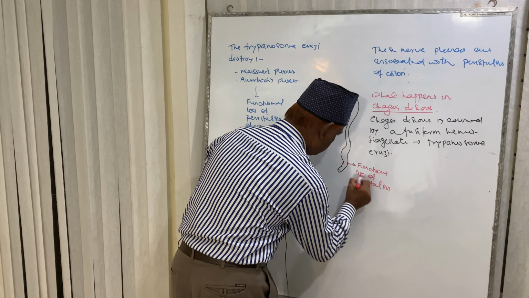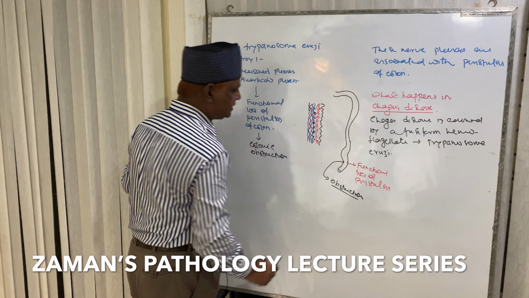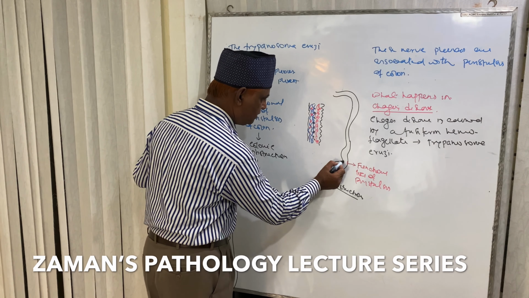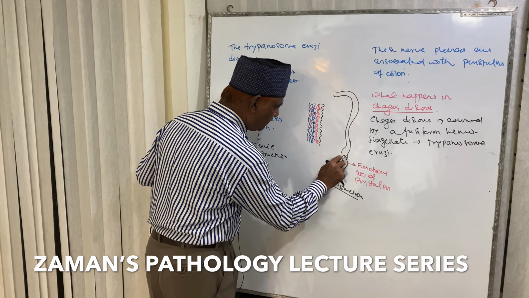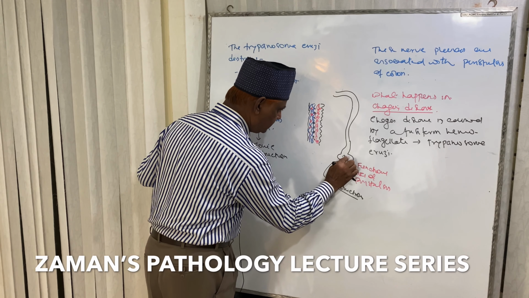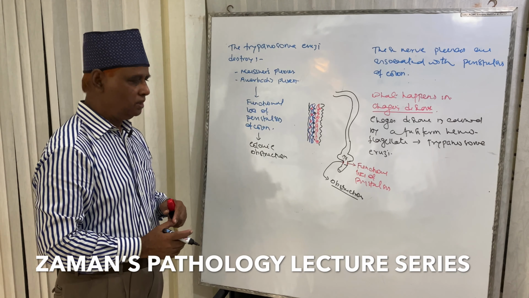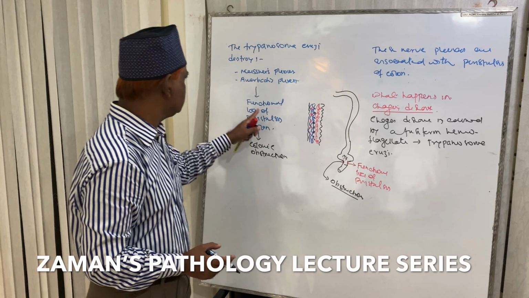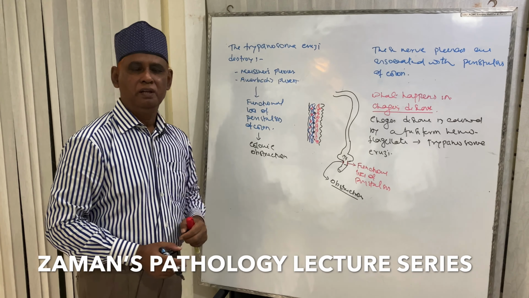As there is obstruction in this segment, the fecal matter will accumulate here and it will lead to dilatation here. And this is marked dilatation of the colon due to functional loss of peristalsis, and this loss of peristalsis is due to destruction of Meissner's plexus and Auerbach's plexus by Trypanosoma cruzi hemoflagellate.